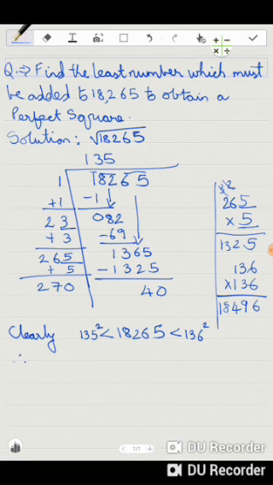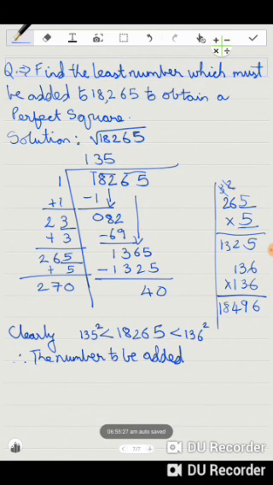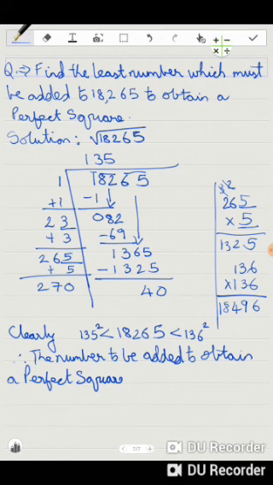So therefore, the number to be added to 18,265 to obtain a perfect square will be nothing but 18,496 minus 18,265.